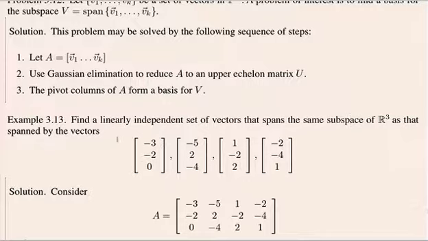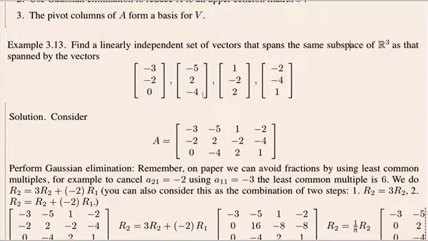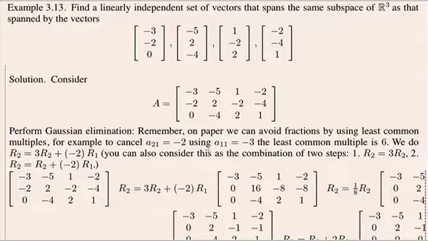So the idea is that if we get a linearly independent set that still spans the same subspace, then this becomes a basis. So we put together these vectors into a matrix A, then we perform Gaussian elimination. I would like to remind you that we can avoid fractions by using least common multiples.